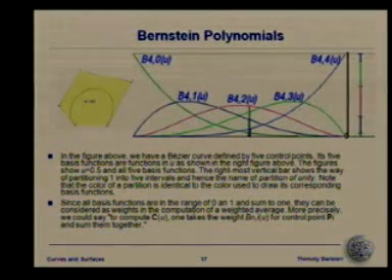They form an inscription polygon in which the curve will always live. So your curve will not be passing through the control points. It will never pass through them. But it will always be inside the polygon formed by the control points. This is called the control polygon. So your curve is always inside the control polygon.